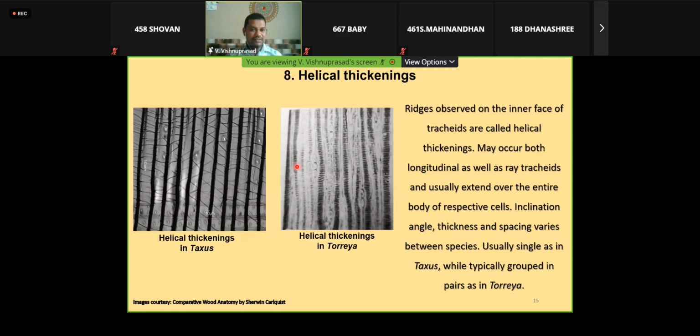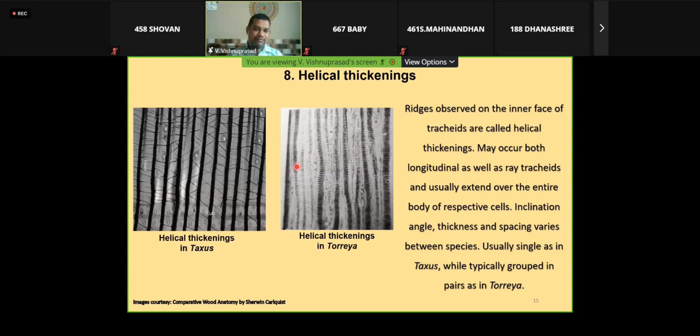The macerated slide may not have been very clean, because I've seen at the college level when we do maceration, sometimes even some fungal hyphae appear in the slide. It might happen, and you mistake it to be a fiber. Even in the case of a section, it might happen. So the more readings you take, the more you are avoiding the errors. Then you can arrive at a conclusion for a given species.